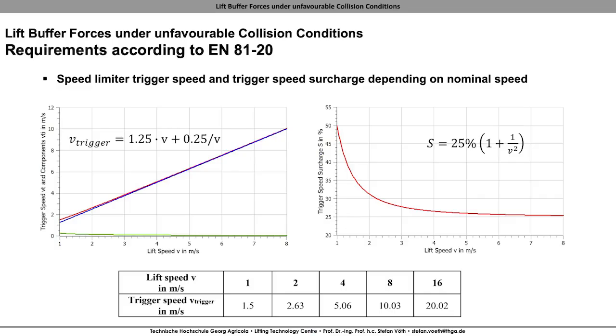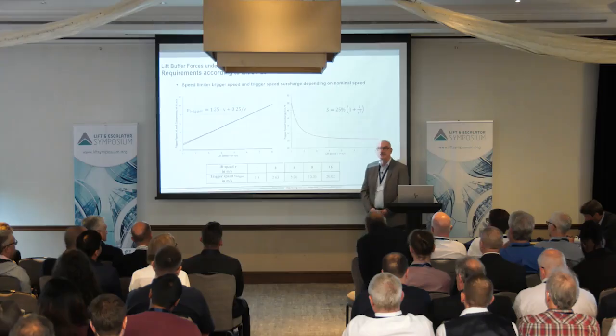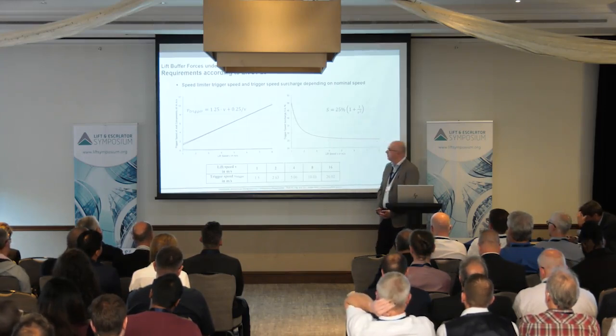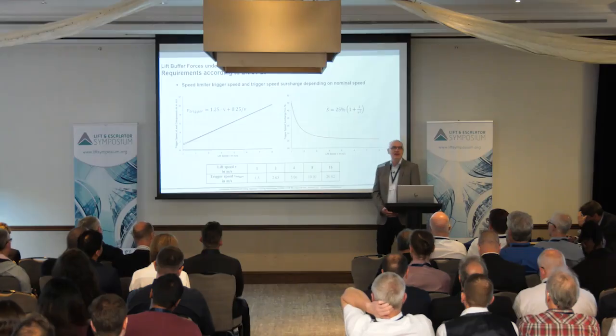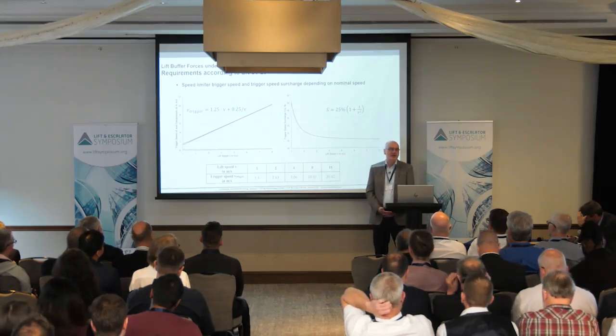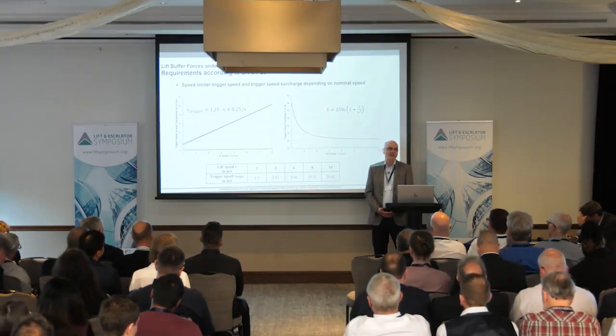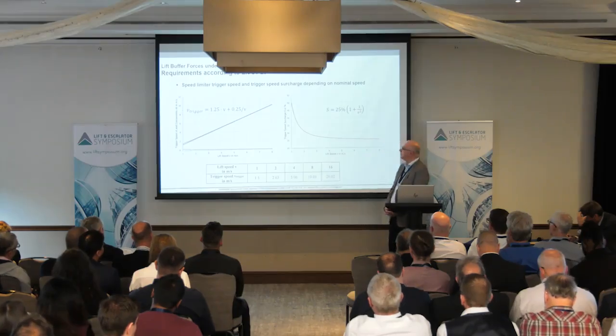For me, the question occurs, what are unfavorable conditions, and what risks will be realized? One risk may be that your speed governor will act, and maybe the speed occurring during this process will be the impact speed for your damper.